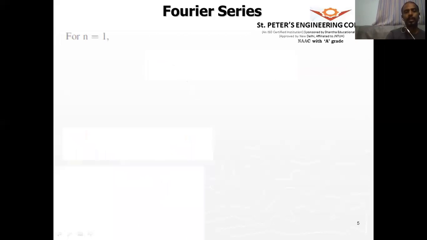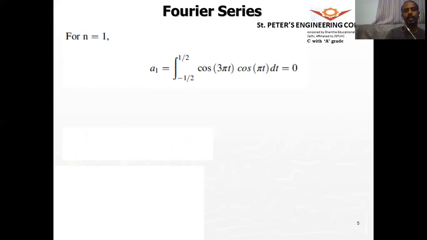Now for different values of n, we will calculate. For n equals 1, a1, as we said, the b terms are all zeros, so only the a terms will remain. When n is 1, we integrate cos 3 pi t times cos pi t dt, and this is equal to 0.